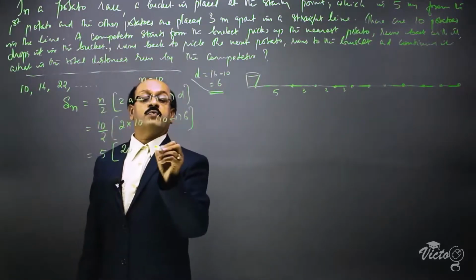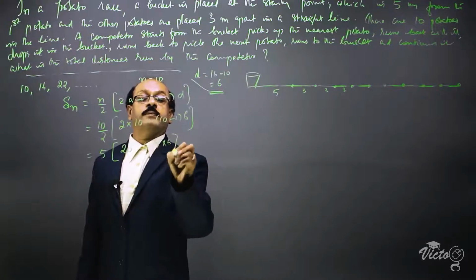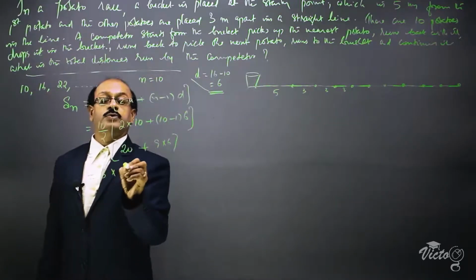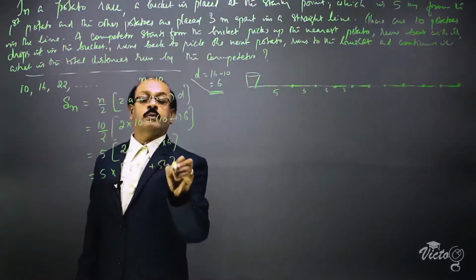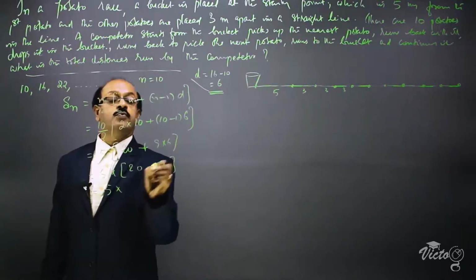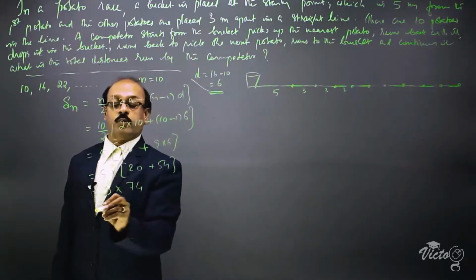Now, 10 minus 1, it is 9 into 6. 5 into 20 plus 9 into 6, it is 54. 5 into 54 plus 20, it is 74.